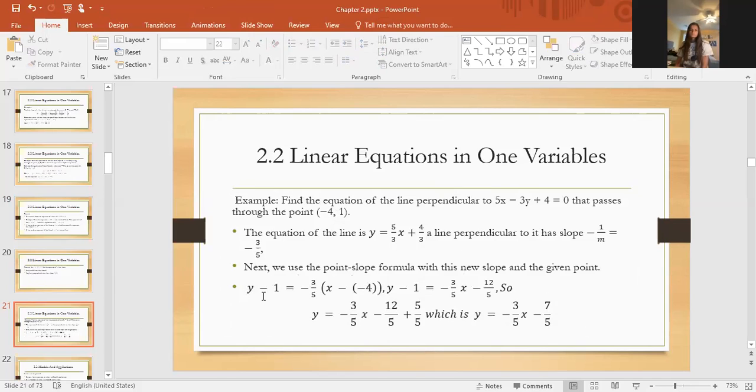Our y1 is 1. And the equation of the line becomes y equals minus 3 over 5 x minus 12 over 5 plus 1, which is 5 over 5. That will give us y equals minus 3 over 5 x minus 7 over 5.